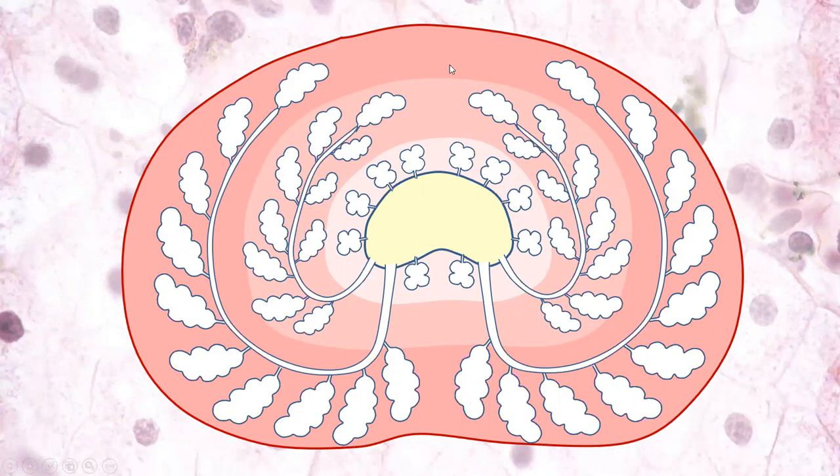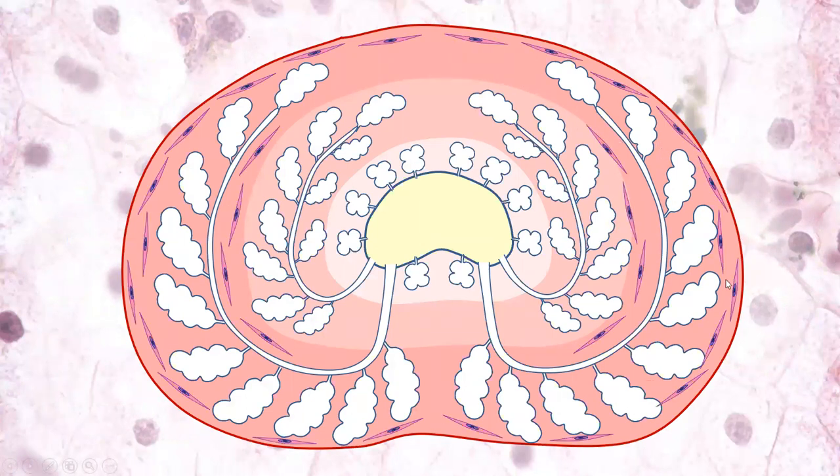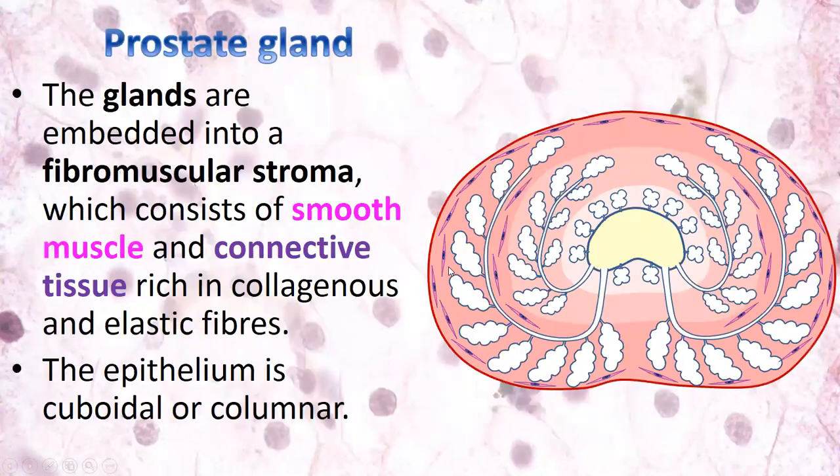Stroma is connective tissue between them, and also there are numerous smooth myocytes which are located in the stroma, and that's why prostate acts like a sphincter. It is able for the constrictions, and it's located near the neck of the urinary bladder. It surrounds urethra, and it's an additional sphincter of male urethra.